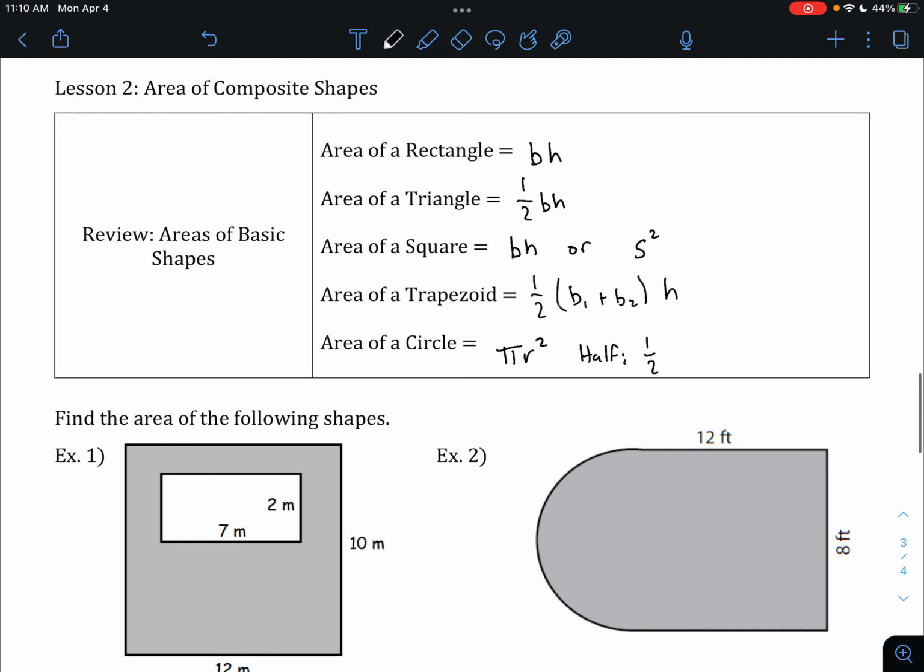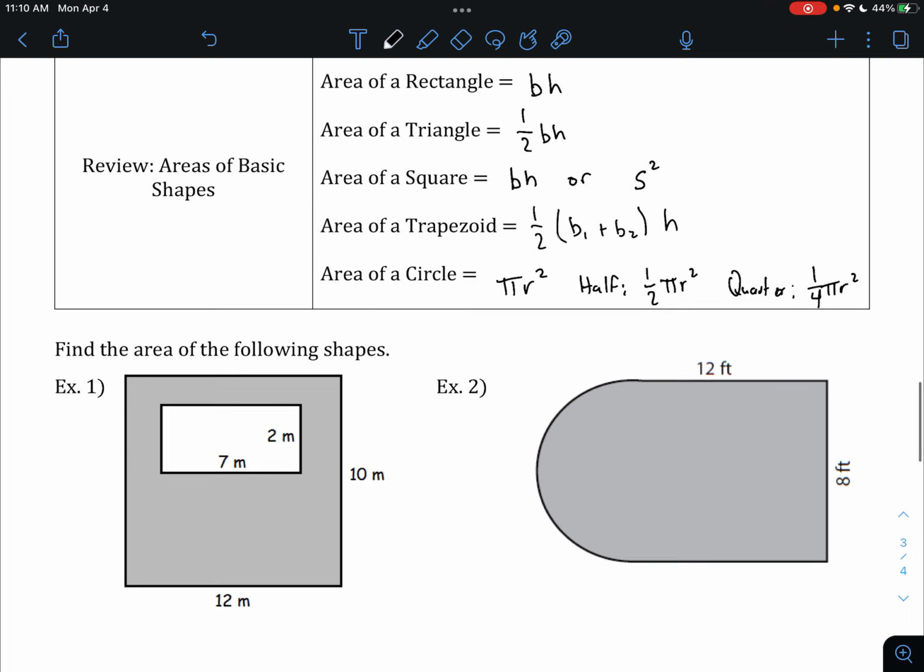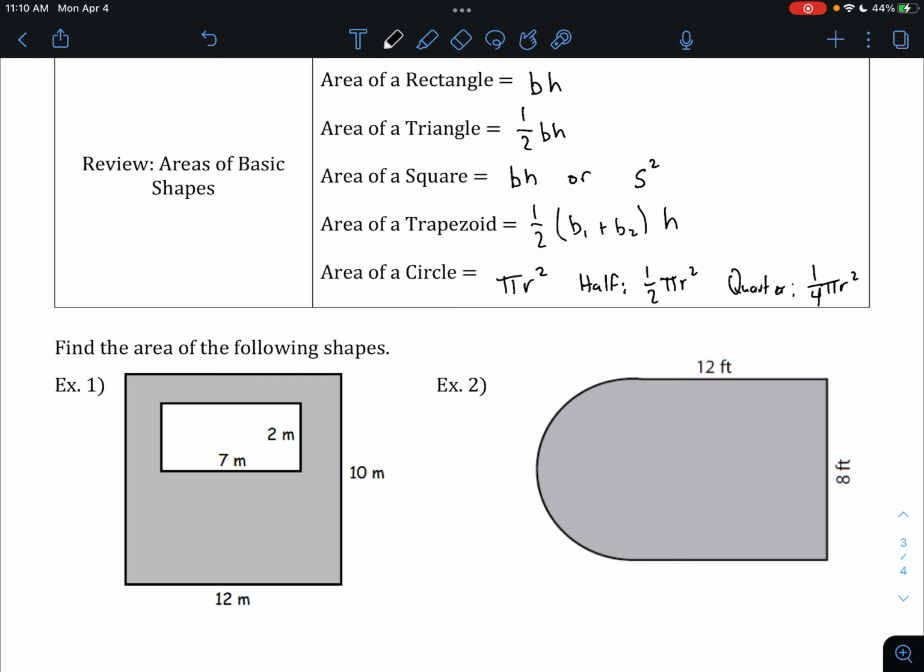The area of a half circle is half of the area of a full circle. The area of a fourth of a circle is 1/4 of the area of a circle. So if you have a half circle or a quarter circle in your shape, those are going to help us out, especially in this question here, question 2.